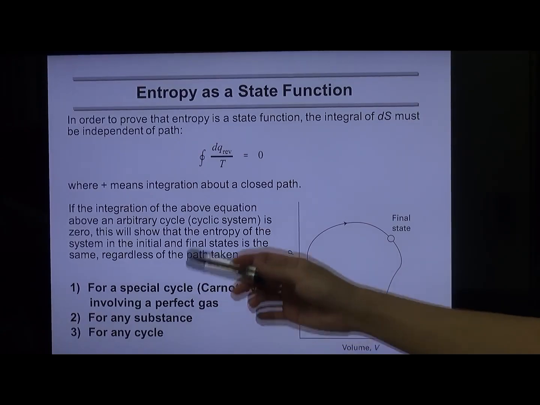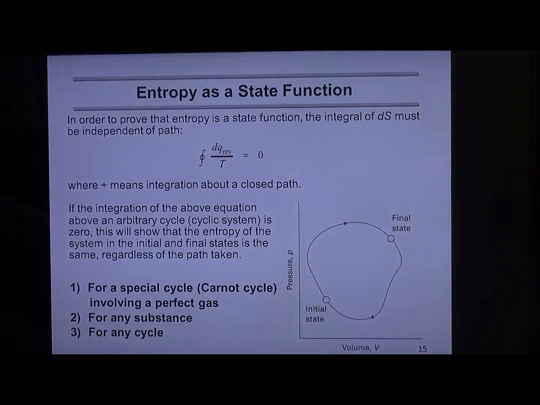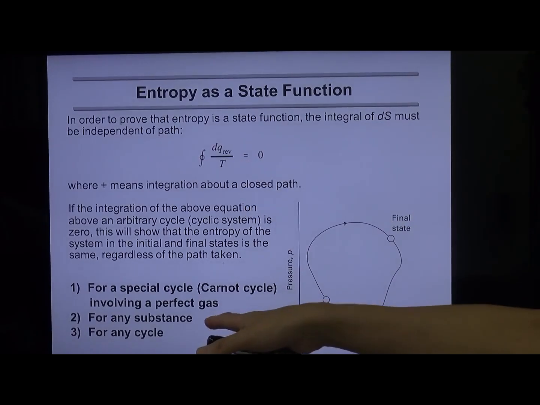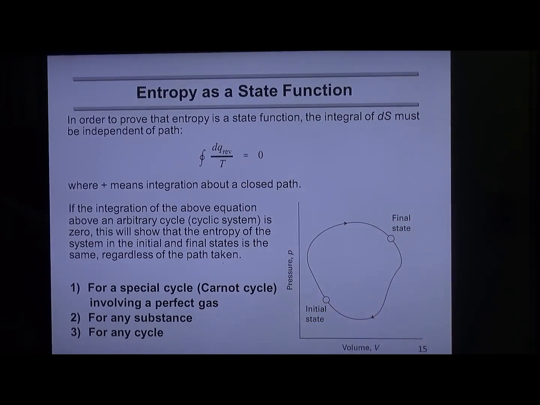First, we will demonstrate that this integration over a closed loop, for a special cycle and a special system, which is perfect gas, is true. And then we'll demonstrate that this is true for any substance, not only perfect gas. Also, we'll demonstrate that it's true for any cycle, not just the Carnot cycle. Okay? So let's do the first step.